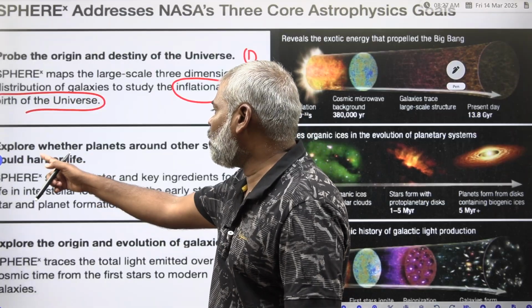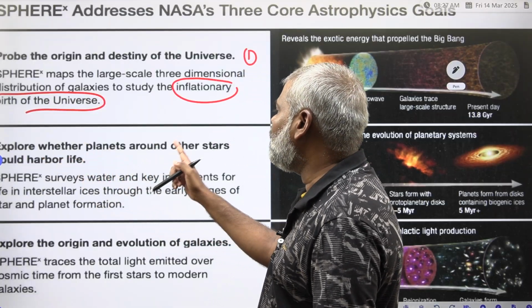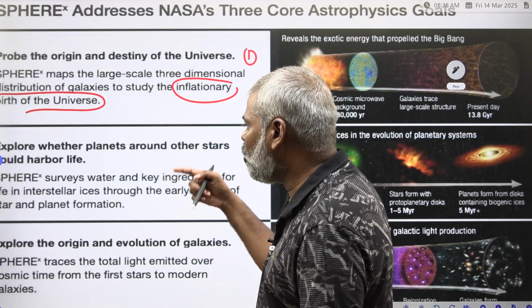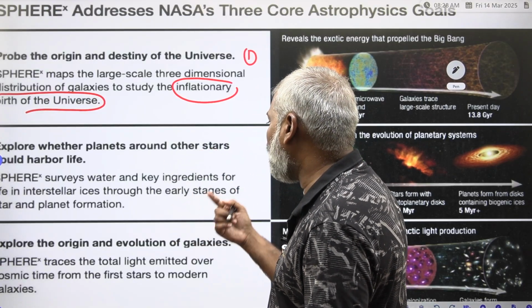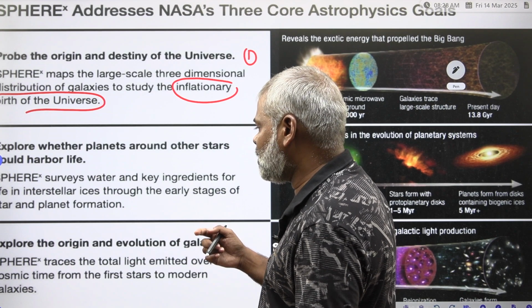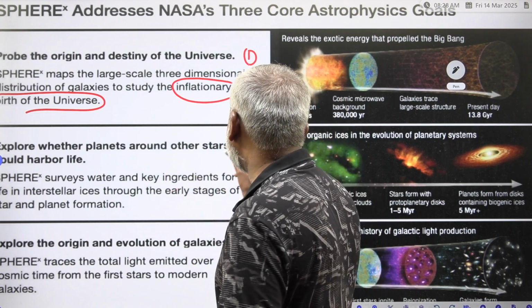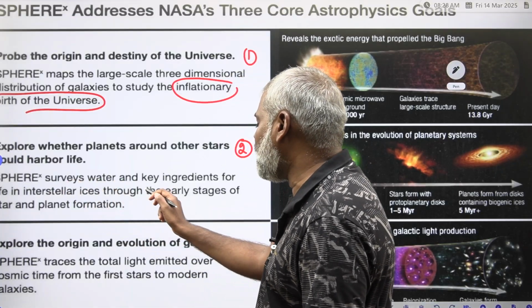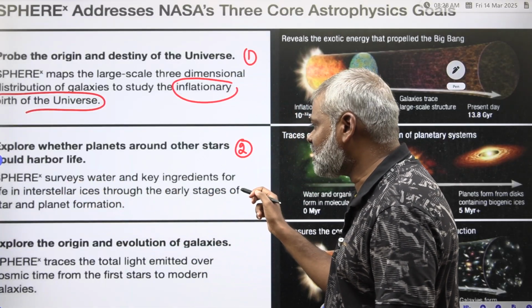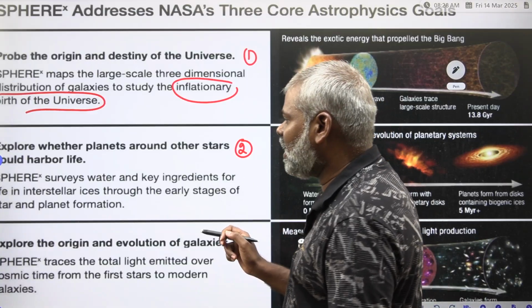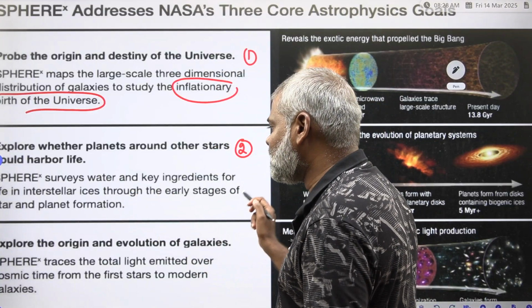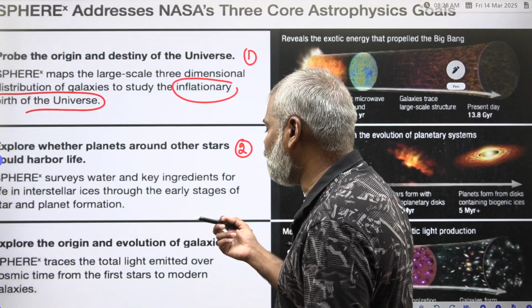What is the second goal? Explore whether planets around other stars could harbor life. SPHEREx surveys water and key ingredients for life in interstellar ices through the early stages of star and planet formation.